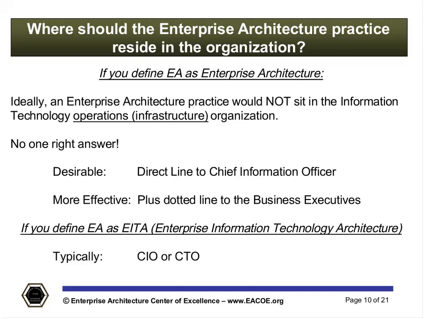And we know that's going to happen. There is no right answer. It is desirable to have a direct line to the Chief Information Officer. It's even more effective if we actually have a dotted line to the business executives. And we see this happening now in organizations all over the world, that they recognize that this is about business understanding.